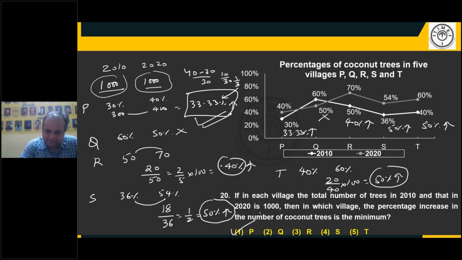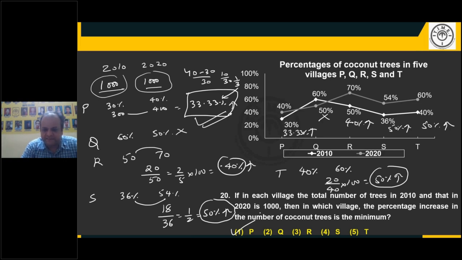Sir, doubts? Yes. Any doubts? Yeah, please go ahead. Sir, how come this Q is eliminated? Because the question clearly states the percentage increase in the number of coconut trees, in which village is the percentage increase the minimum. For Q, if you look at it, it is actually decreasing, right? So we cannot consider a percentage increase.